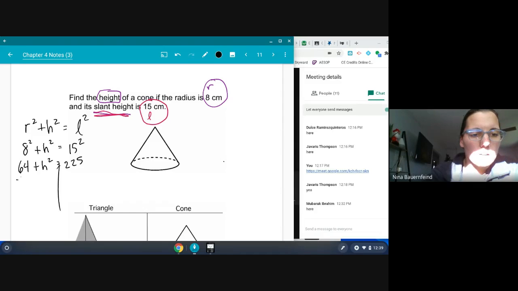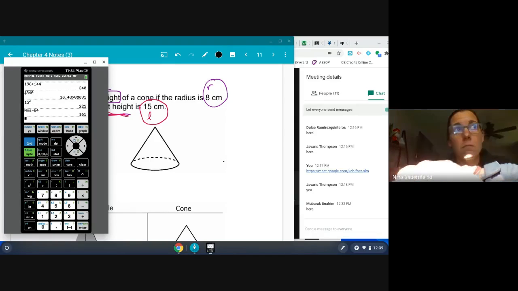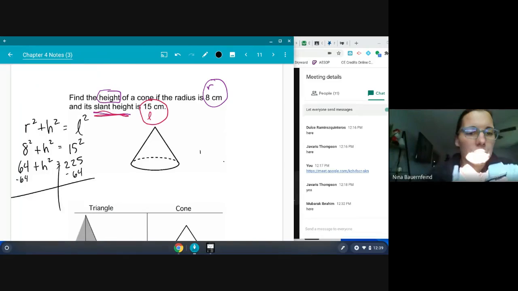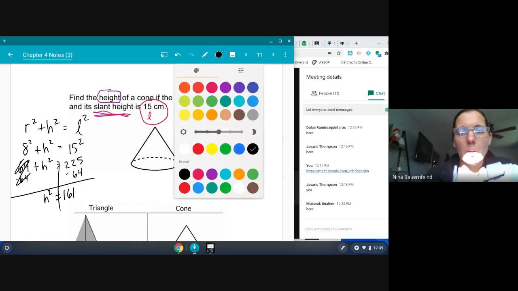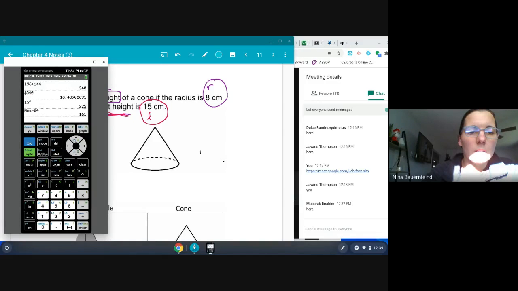Drop your line and solve. Minus 64, minus 64, is 161. And then our last step, always when we're using the Pythagorean theorem, is to square root. So we get H equals 12.6885.